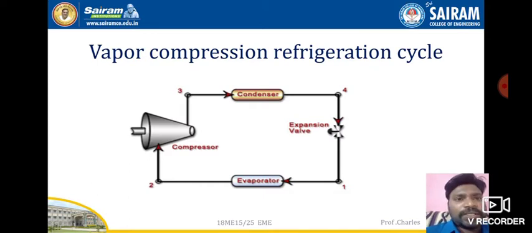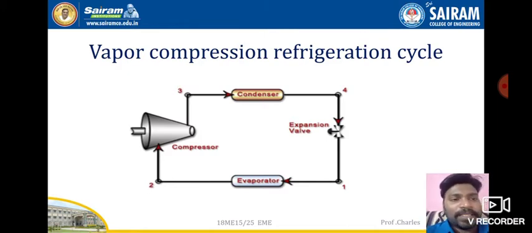In addition to this, in the vapor compression refrigeration cycle, we should understand the state of the refrigerant at different points. First, let us take point number 1 in the diagram.